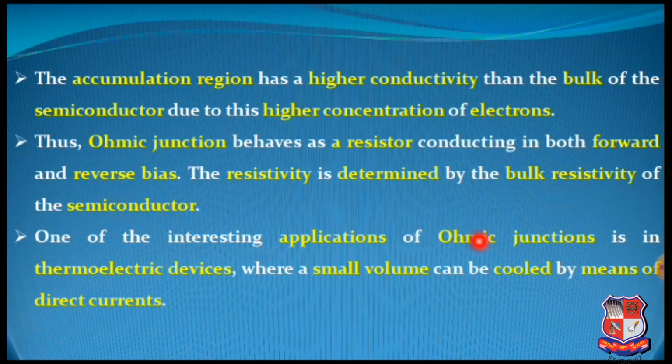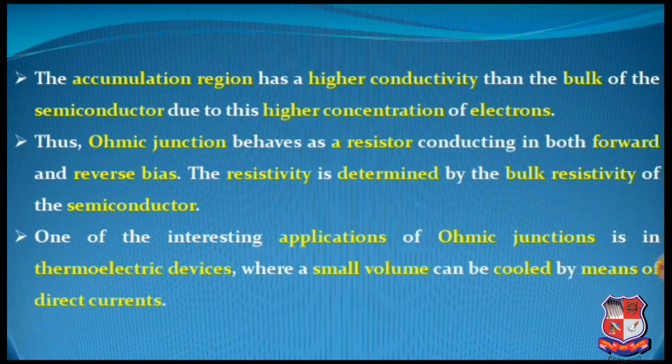One of the interesting applications of the ohmic junction is in thermoelectric devices, such as an electric heater or an induction cooktop. These devices are known as thermoelectric devices, where a small volume can be cooled or heated by means of direct currents.